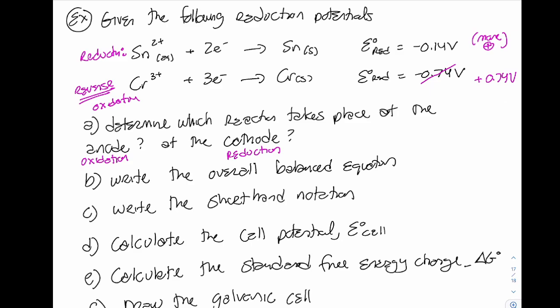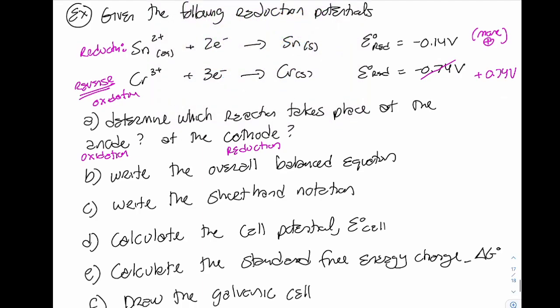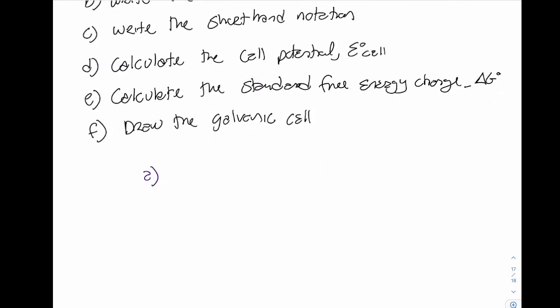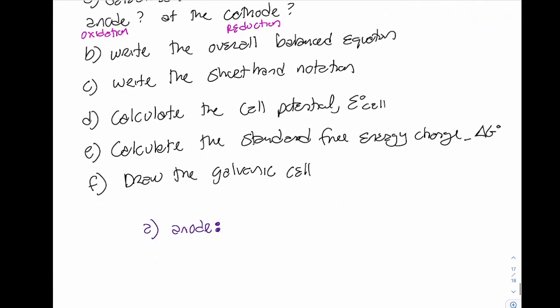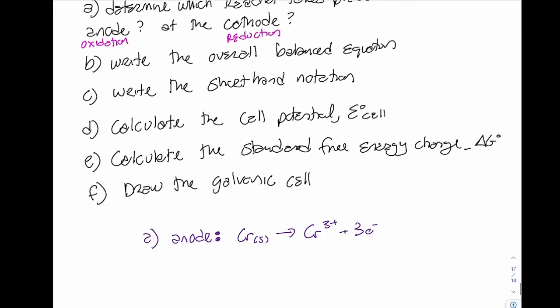Let's actually write our answers here. So our answer to A, our anode, I am going to reverse that one when I write it here. So I'm going to have chromium solid going to chromium 3 plus and 3 electrons. And then just so I don't have to keep scrolling, I'm going to write those numbers here.